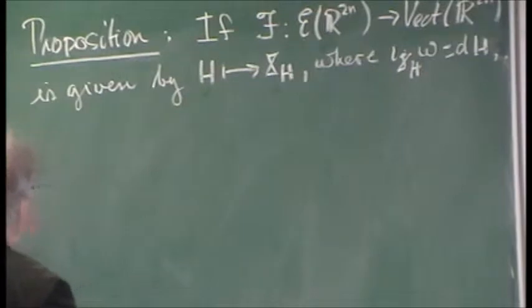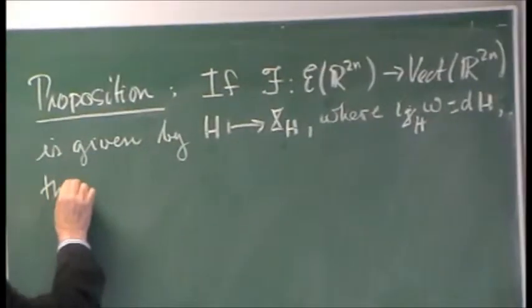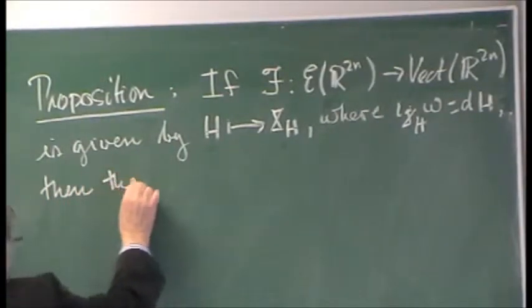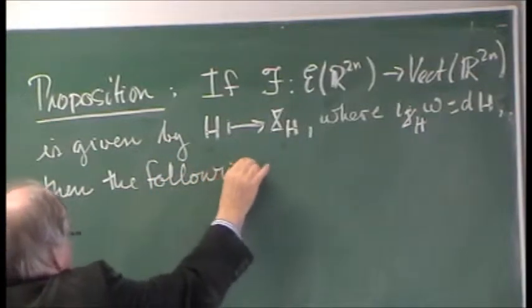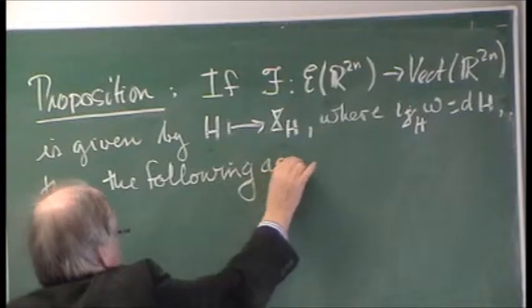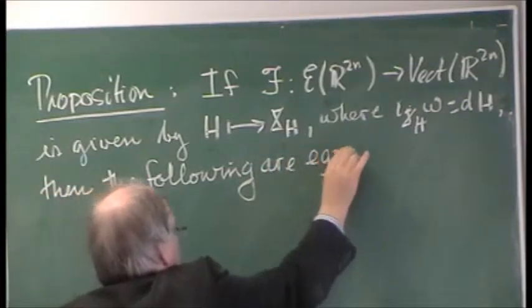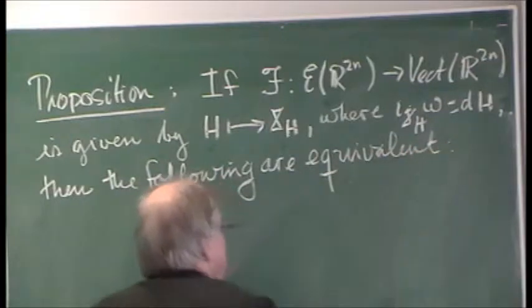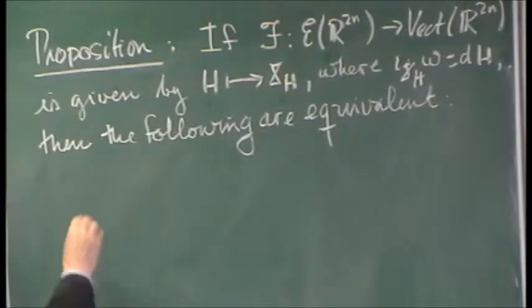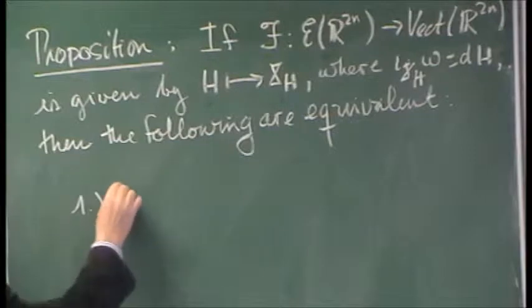So you take that field mapping, then the following are equivalent. So, we've talked about this. H is a quadratic form.